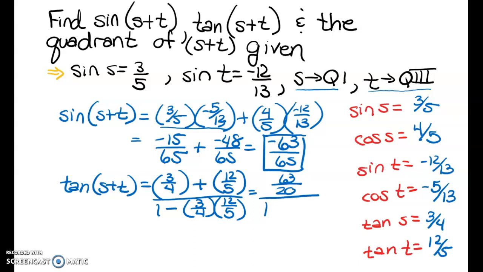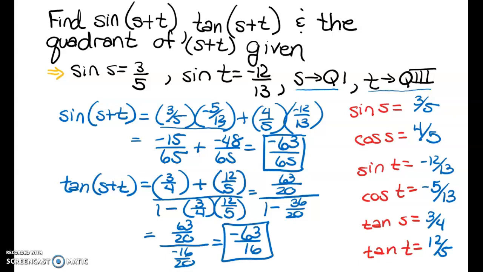And this is going to be 1 minus 36/20. So when I do my subtraction, I get 63/20 over -16/20. And when I eliminate the 20s so that I don't have a complex fraction, I get -63/16.